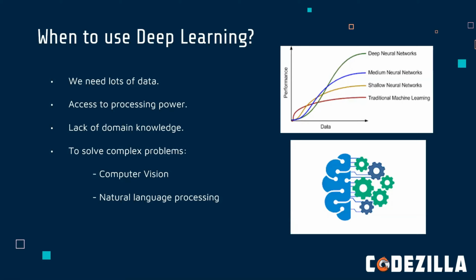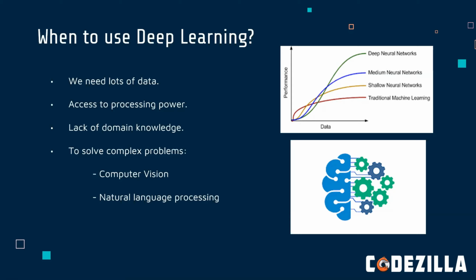So when should we choose deep learning as the solution? Deep learning can outperform other techniques if the data size is large. But with a smaller data set, traditional machine learning algorithms are preferable. Because of the complexity, deep learning techniques require powerful computers to train in reasonable time.